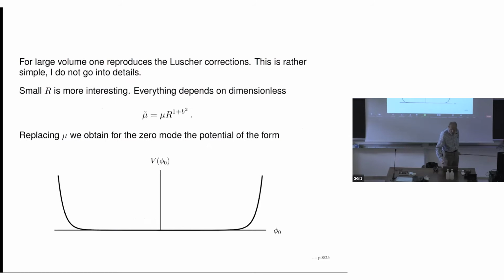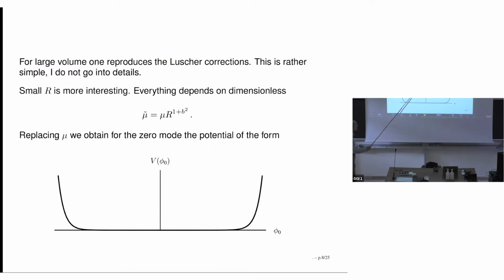Yes. So now let's see. Now we come to the ingenious part of the story, which is due to Sasha and Alyosha Zamolodchikov. It is like that. Everything actually depends on this dimensionless parameter.